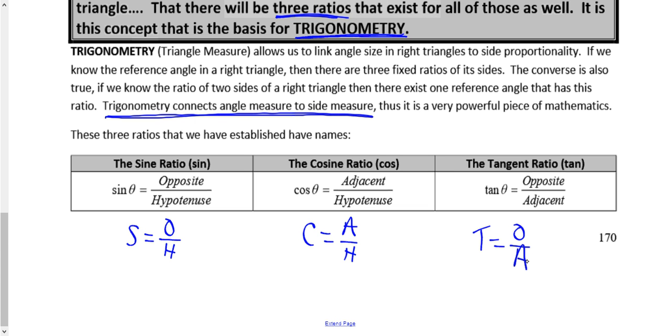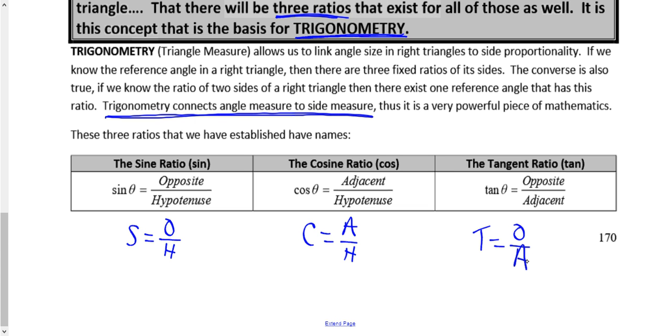So if these were words, could I say soh, cah, toa? Have you ever heard that? So if you're trying to remember what cosine is, cah, C-A-H, adjacent over hypotenuse. You see what I mean? So you might use that to work it out.